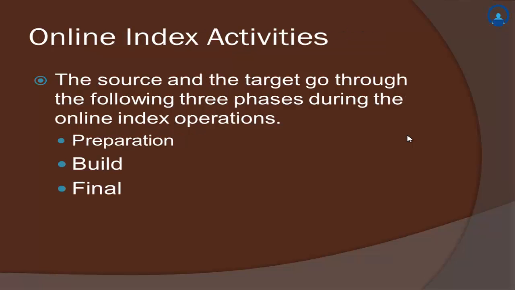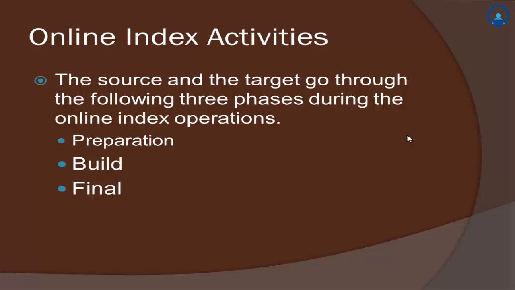We come to online index activities. The source and the target go through the following three phases during the online index operations. The first is preparation, then build, and final. Consider a clustered index being created online on a table with no other indexes defined on it.